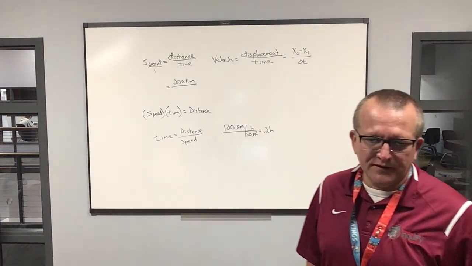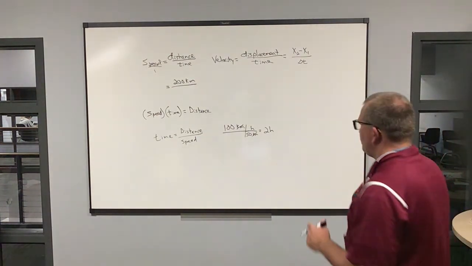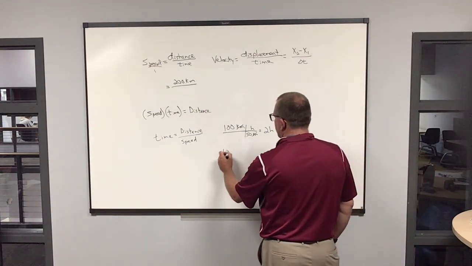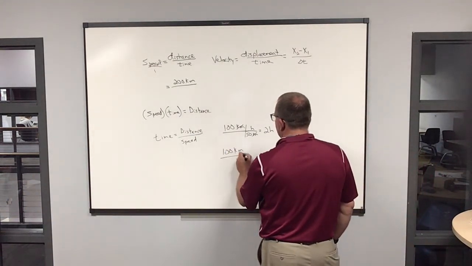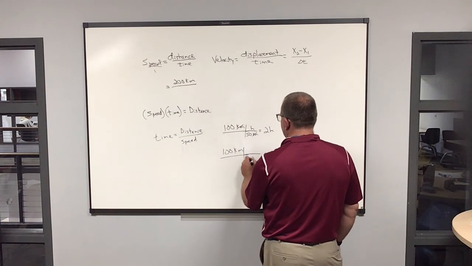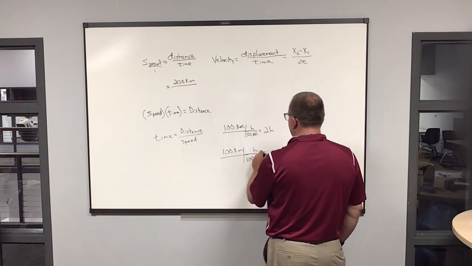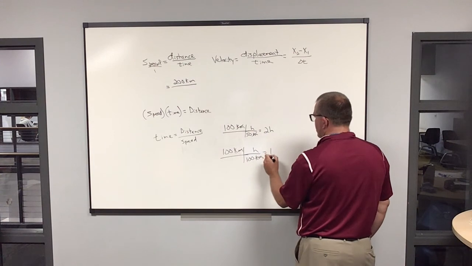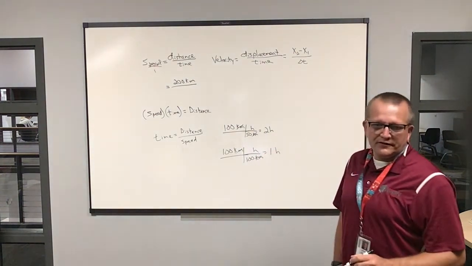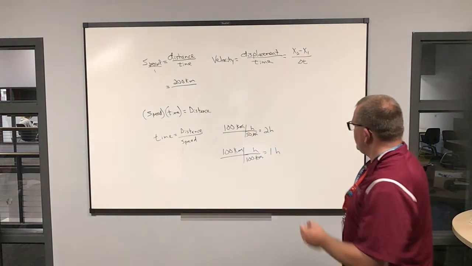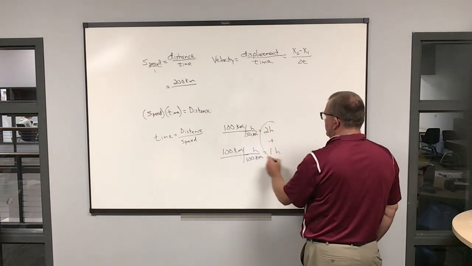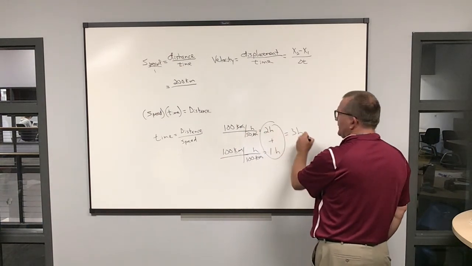It's actually only one sig fig there. And then the next 100 kilometers, traveling at 100 kilometers per hour, 100 divided by 100 would be 1 hour. And I still think there's one sig fig there, which it is. So we combine these two, 3 hours of travel time.